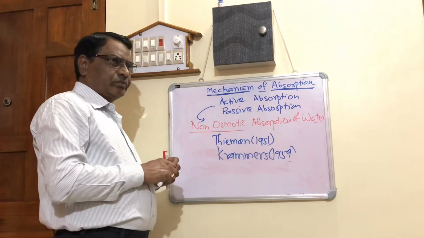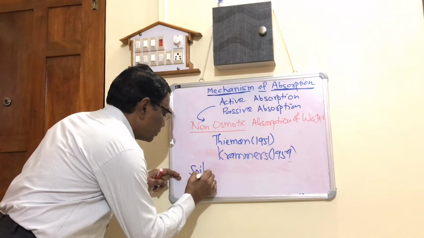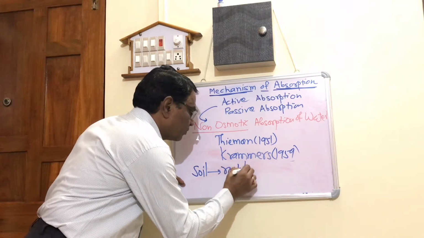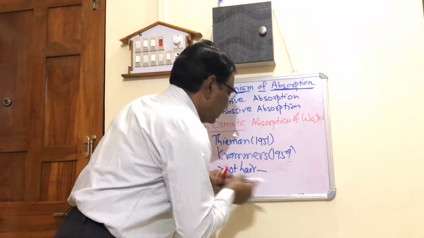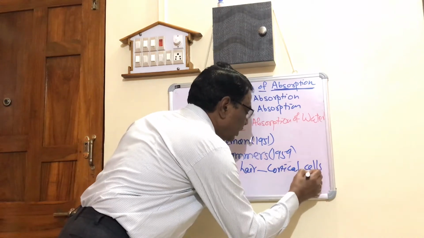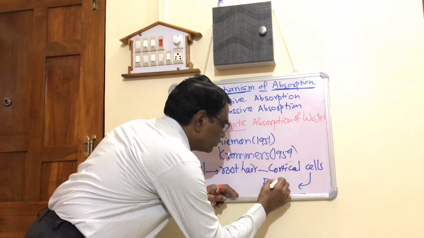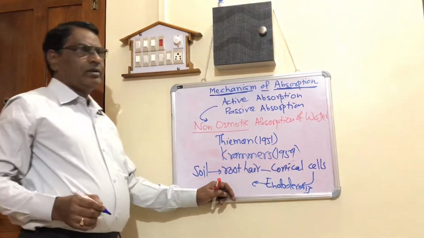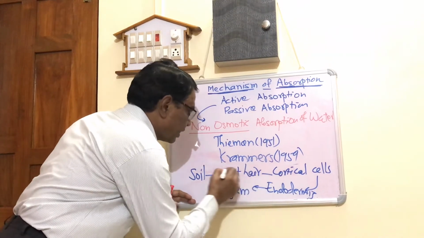according to this theory, water moves from the soil to the root hair, and from the root hair it enters the cortical cells, and from the cortical cells through the endodermis it is directly pumped into the xylem strand.